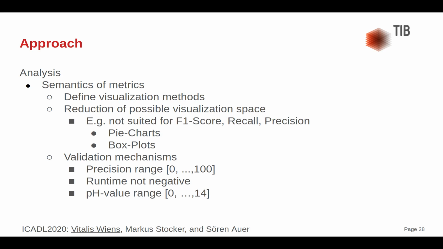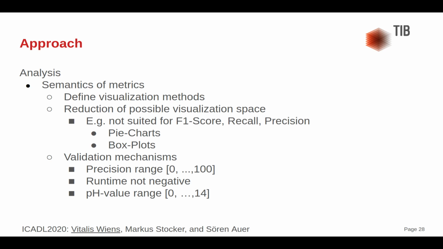In order to address this challenge, we use the semantics of metrics. These define compatible visualization methods for individual metrics and thus reduce the visualization space for the data at hand to only meaningful representations. For example, pie charts and box plots are not suitable to represent F1 score, recall, or precision.